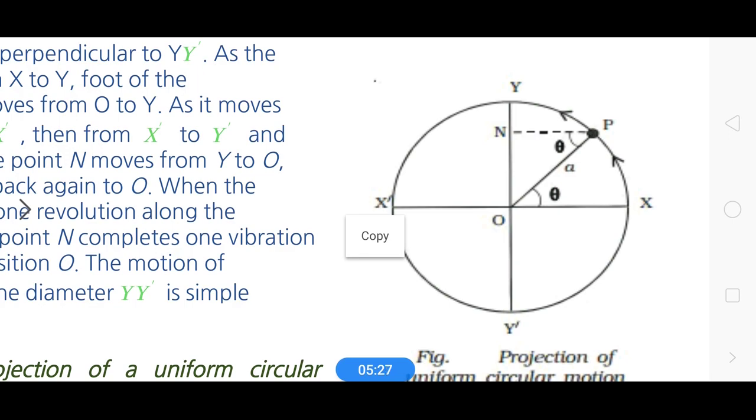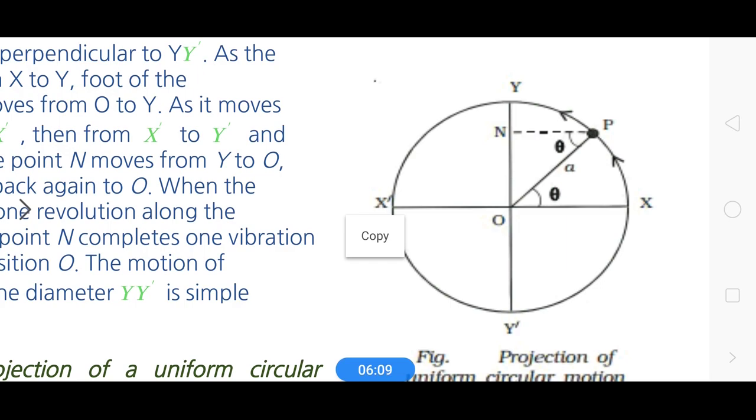If the particle is at X dash, the foot of the perpendicular is O. If the particle is at Y dash, the foot of the perpendicular is Y dash. And if the particle is at X finally, the foot of the perpendicular is O again. So the particle moves from X to Y, then Y to X dash, to Y dash, and Y dash to X.